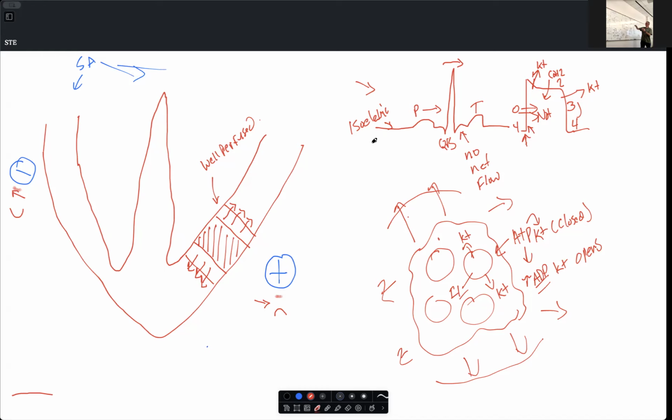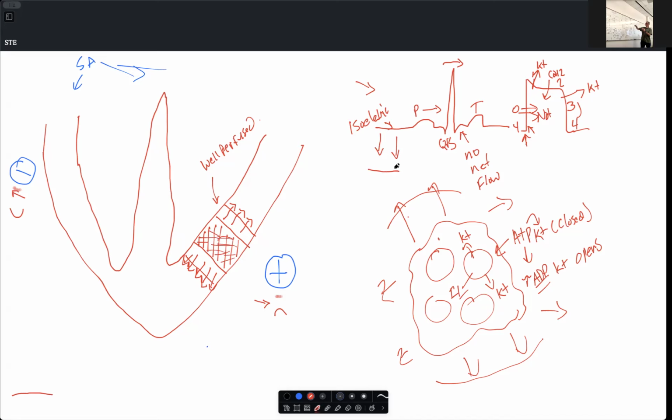And essentially what happens is the isoelectric line gets reset, if you will. The isoelectric line gets shifted downwards, right? So at rest, right, there is a big difference, and the isoelectric line is shifted downward because we have this constant flow, if you will, from these injured and ischemic tissues pushing out in this direction.